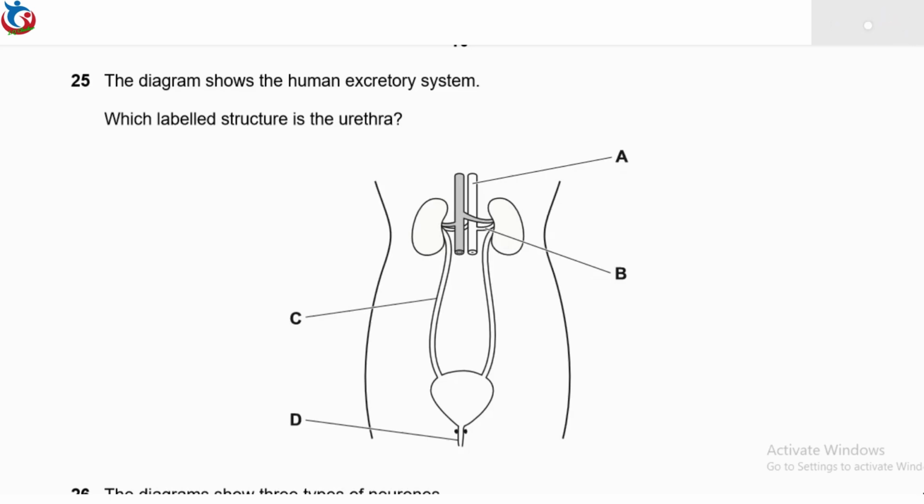Question 25 says, the diagram shows the human excretory system. Which labelled structure is the urethra? So let's quickly name these parts. Part A is called the descending aorta.